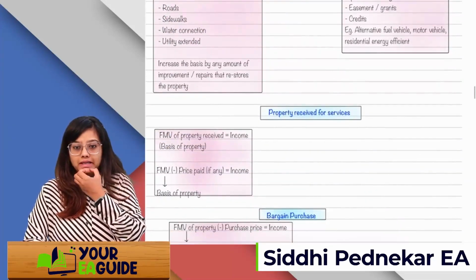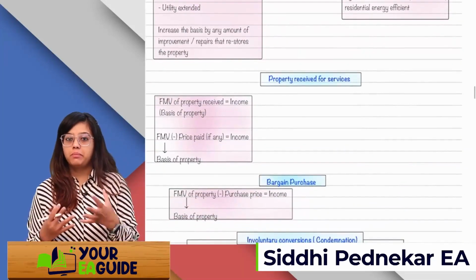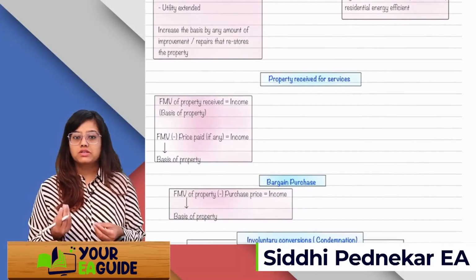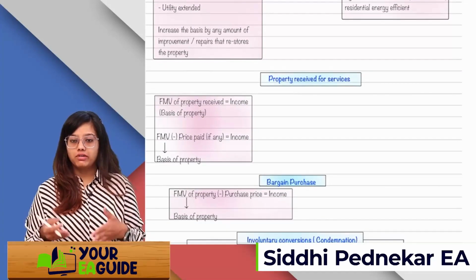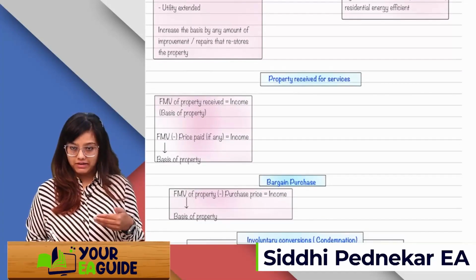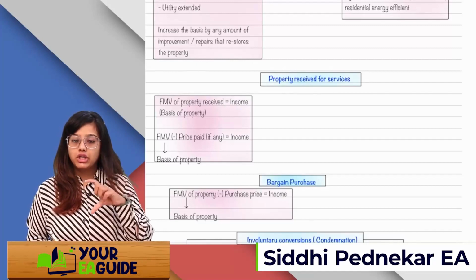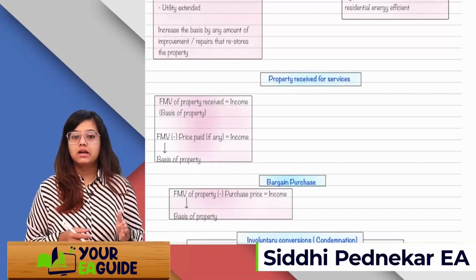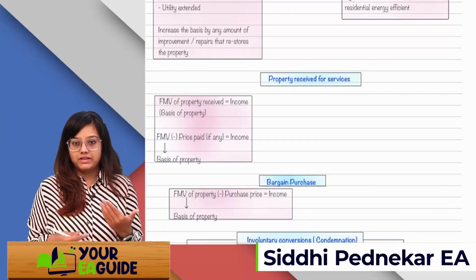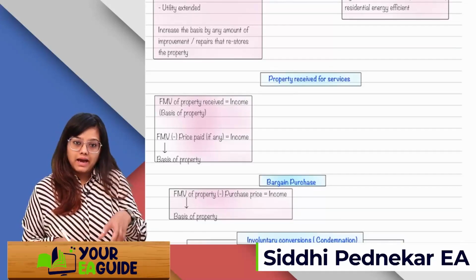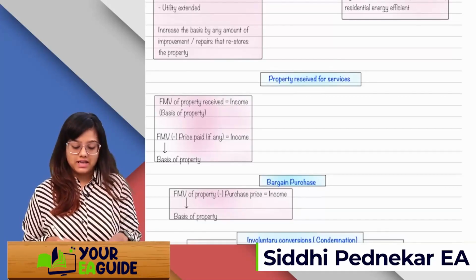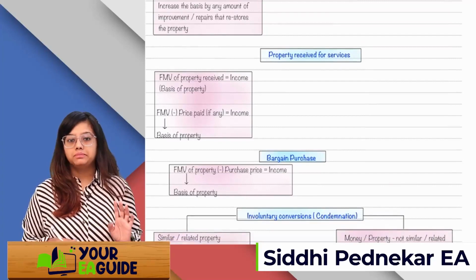Next is property received for service. Now, if you are receiving a property for providing services, then what will it be? Whatever is the FMV of that property which you are receiving, you will include that amount as income for providing the services, right? And that FMV will be considered as the basis of the property.